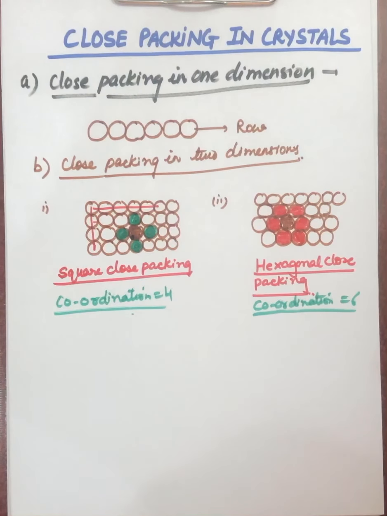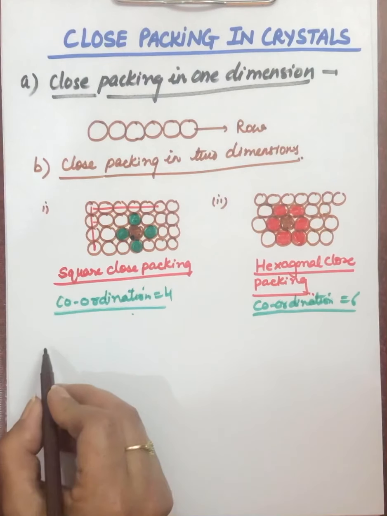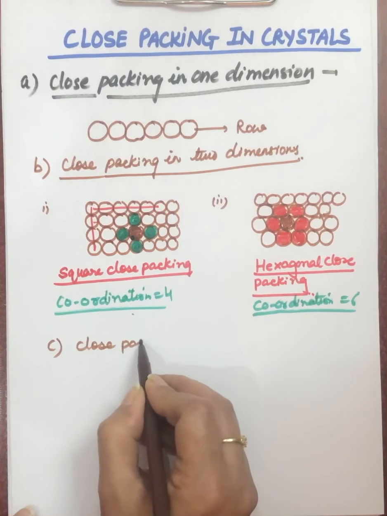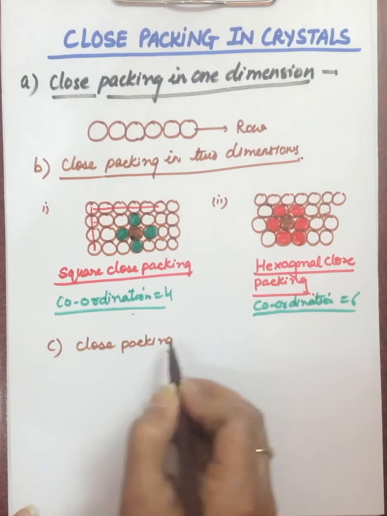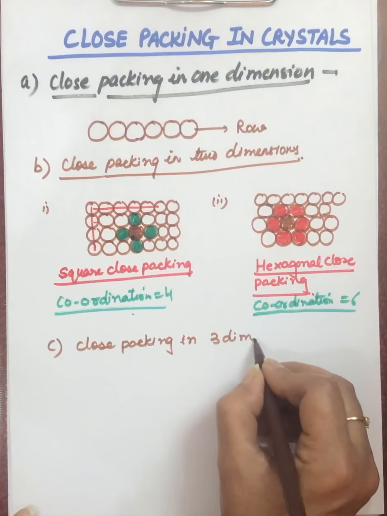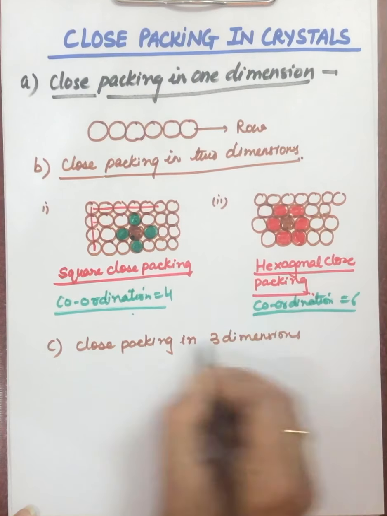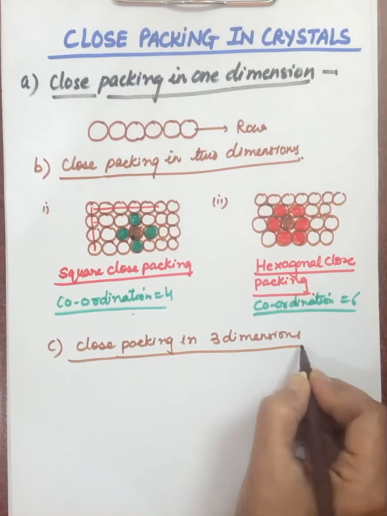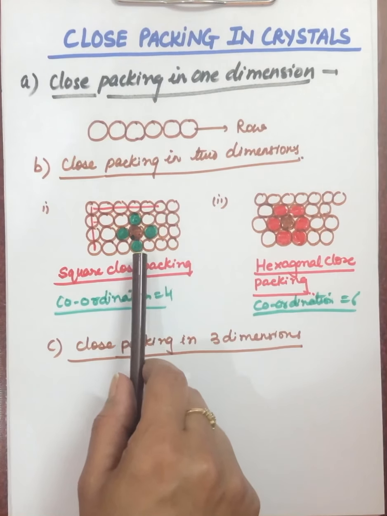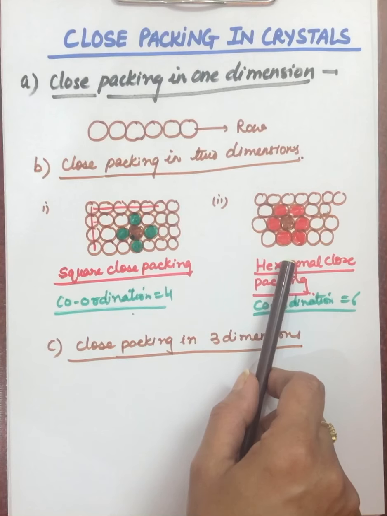So after this, now we are extending this arrangement to three dimensions. Close packing in three dimensions. Now to have the three-dimensional arrangement, we are choosing hexagonal close packing. If you see these structures, you can make out yourself.